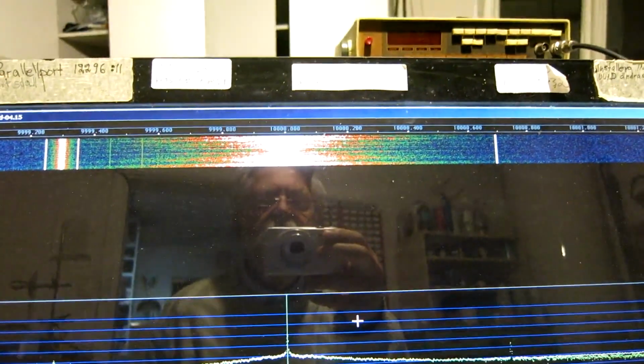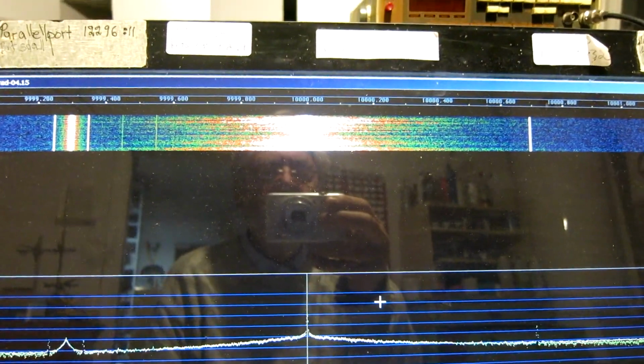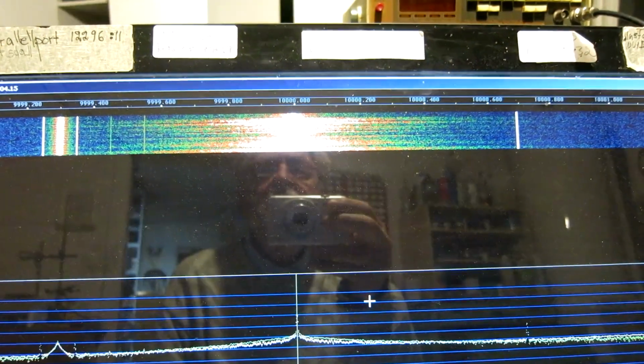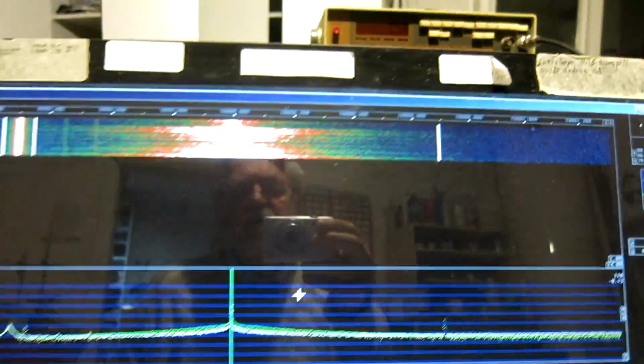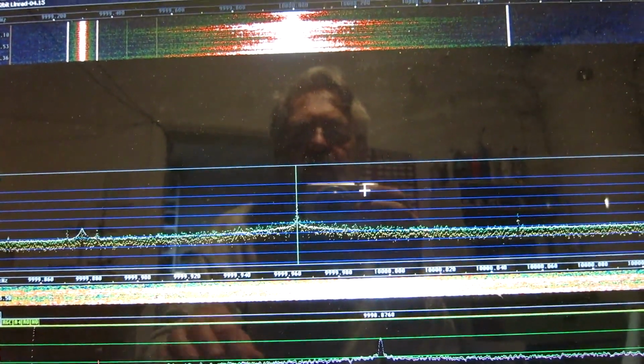Here is a bad crystal running at minus 24 dB on the attenuator. And I just look at the waterfall, and you can see the correlation thing here. I clear it.